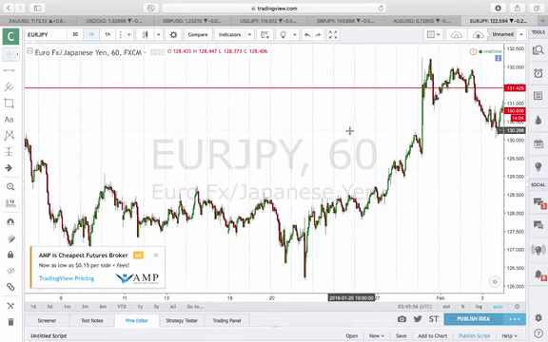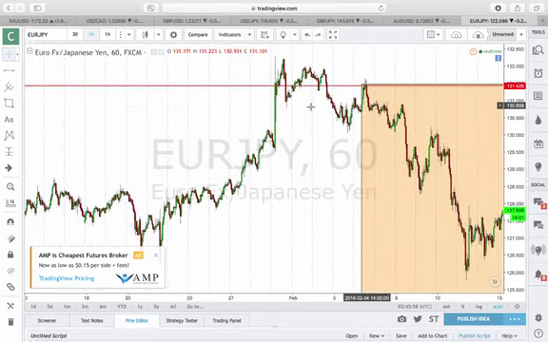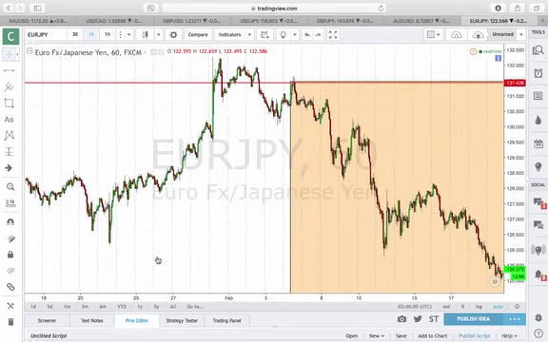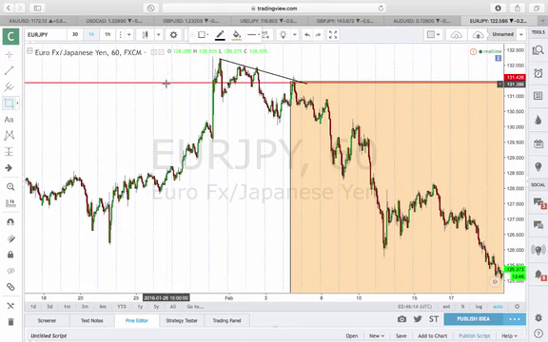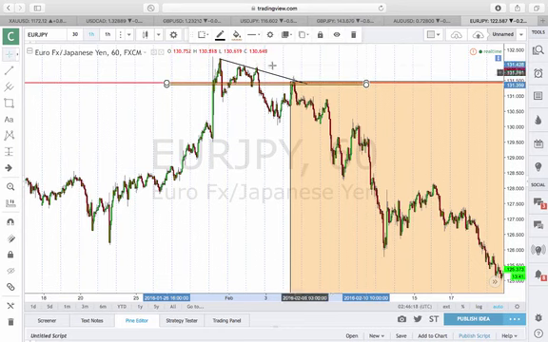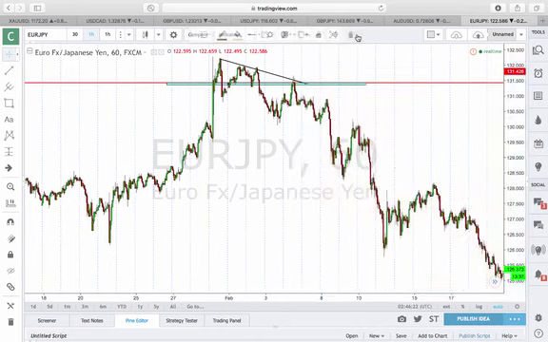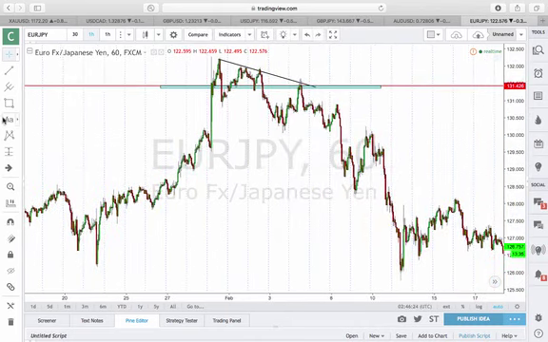So pretend this isn't here. What you want to do is you see an area of support. You look to see if there's a trend line, which there is. And then you utilize the power of the zones. Now, look how simple this is by combining all of them together.